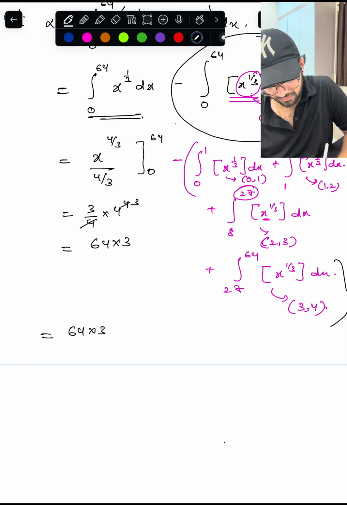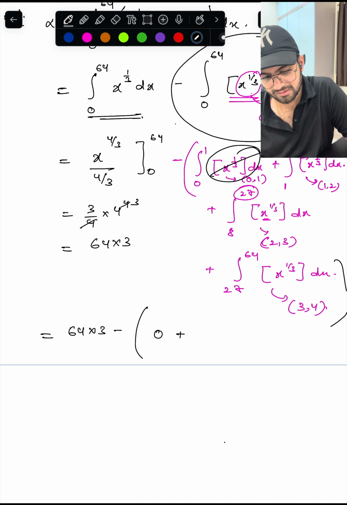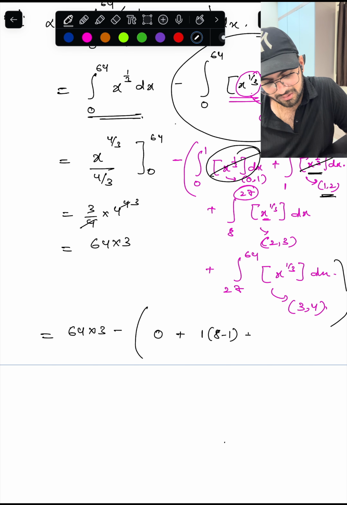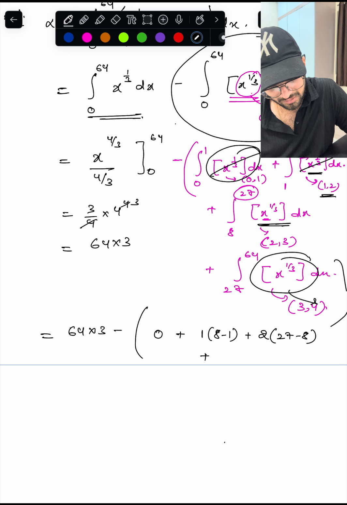So 64 into 3, I am taking it aside. The first part is 0. Here I can take 1 because the value is between 1 to 2, so the floor value is 1: 1 of 8 minus 1, plus this value is 2, so 2 of 27 minus 8, plus this value is 3, so 3 times 64 minus 27.